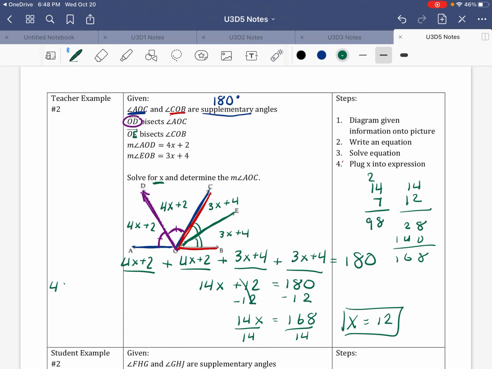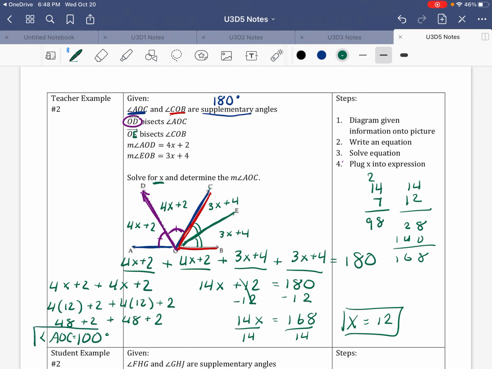So we know it's going to be 4x plus 2 plus 4x plus 2. Everywhere we see an x, I'm going to plug in 12. It's going to be 48 plus 2 plus 48 plus 2, which will equal 100 degrees. So angle AOC equals 100 degrees.